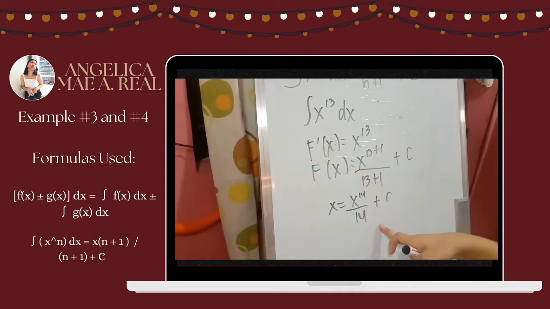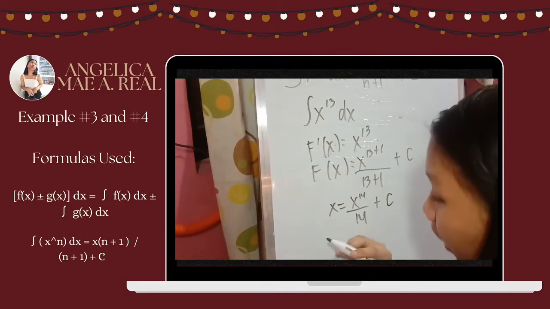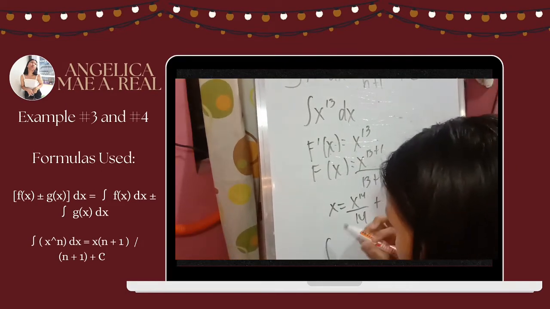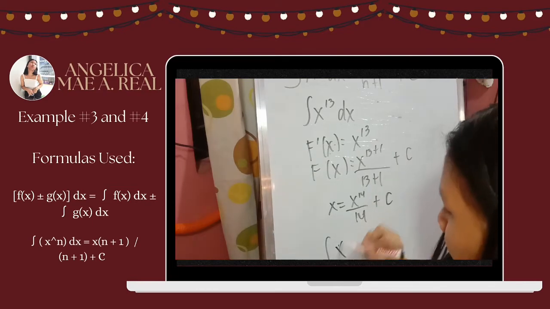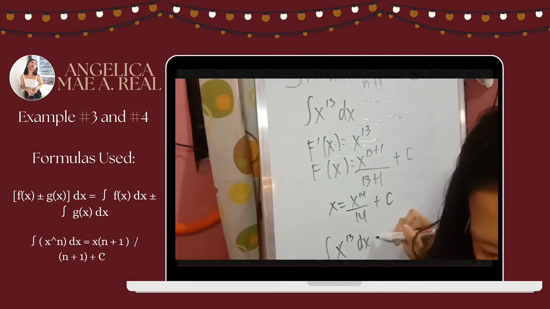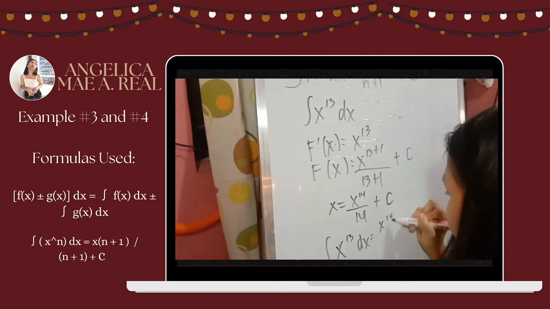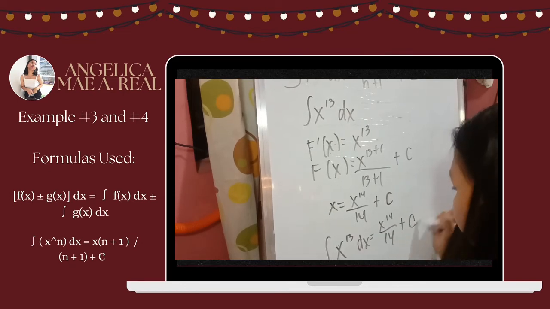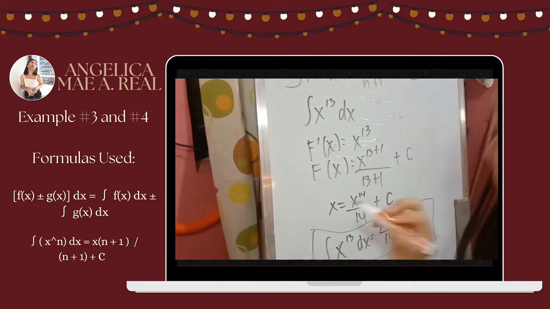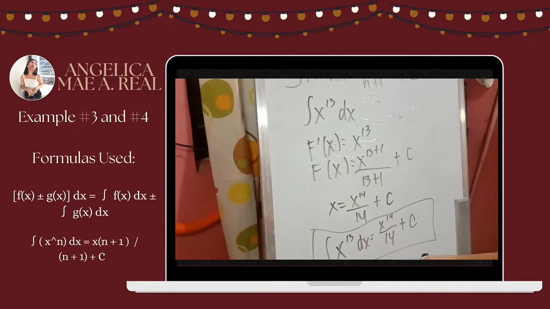Since we already have the value, the final answer is the integral of x raised to 13 dx is equal to x raised to 14 over 14 plus c. So now we already have the final answer.